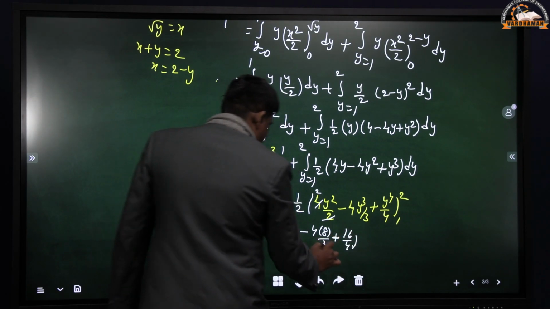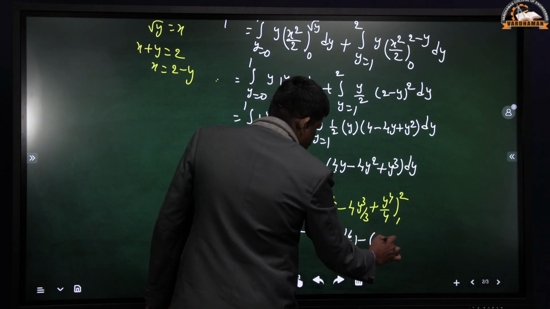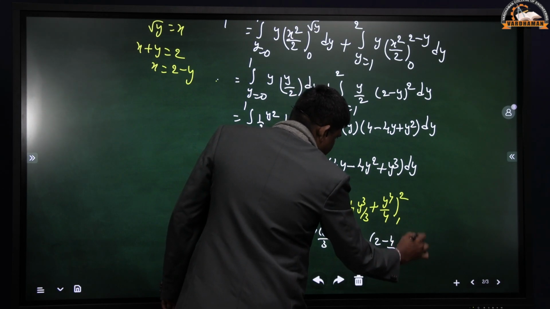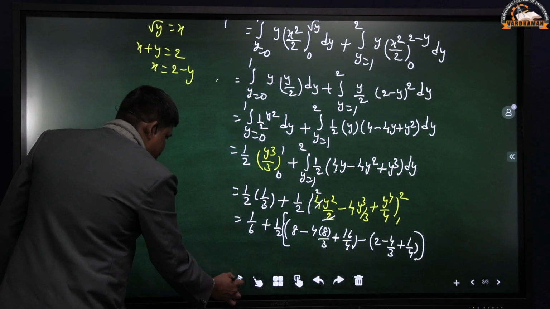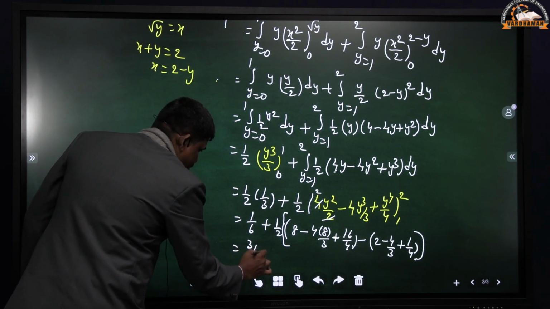Minus what is the lower limit, 1: you are going to get 2 minus 4 by 3 plus 1 by 4. By final simplification you are going to get this answer as 3 by 8.